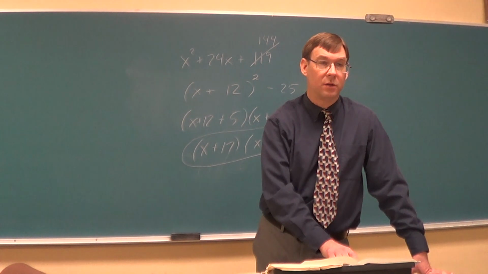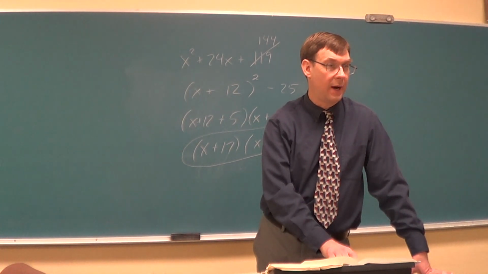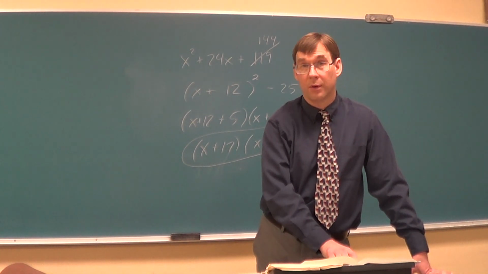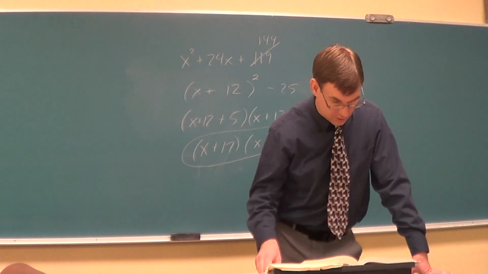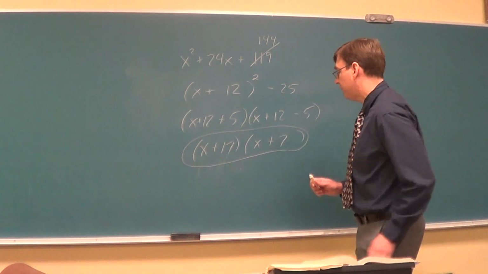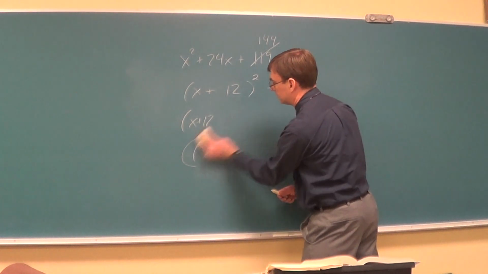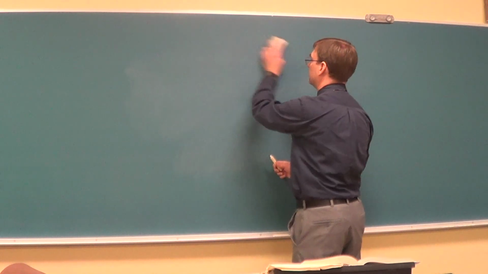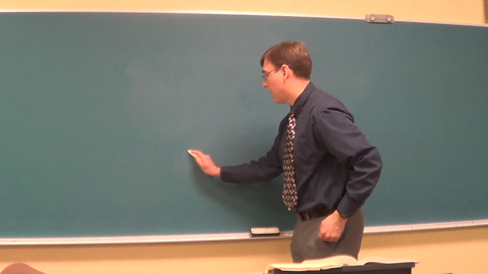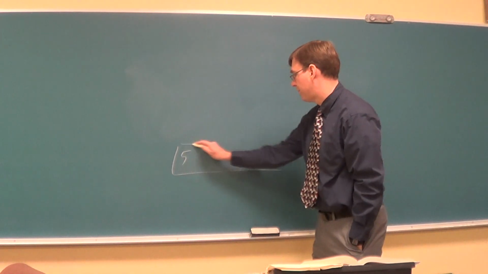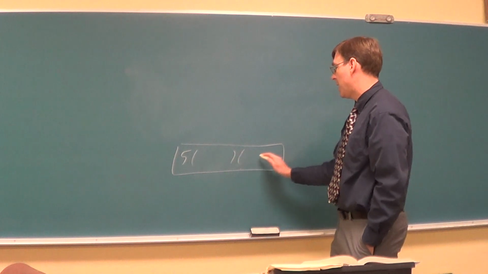Does anybody need me to do one of the GCF ones or anything from any of that world? Can you do 35? Okay, so for 35, I'm going to take out a 5, and that's going to be in my answer.